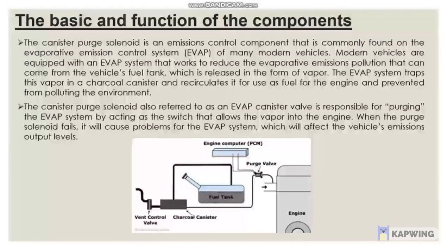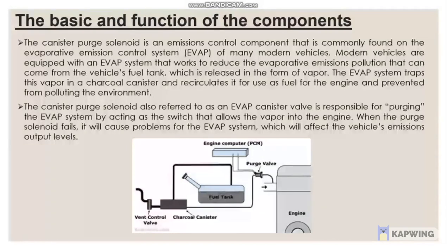Next, the basics and function of the components. The canister purge solenoid is an emission control component that is commonly found on the evaporative emission control system, known as the EVAP, of many modern vehicles.